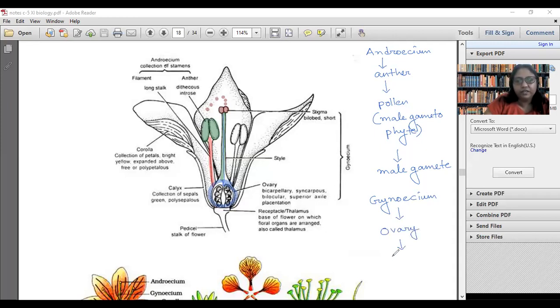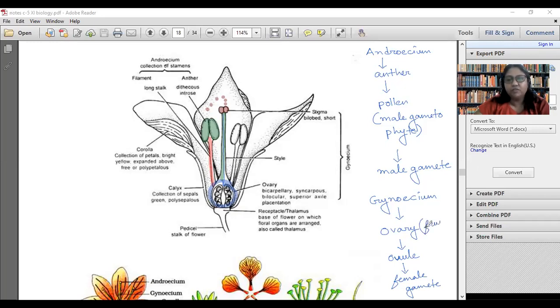Inside the ovary there is the ovule. Inside the ovule there is the female gamete. You will know there is further detailing, like inside the ovule there is the embryo sac, but if you are remembering this much, it is all right.